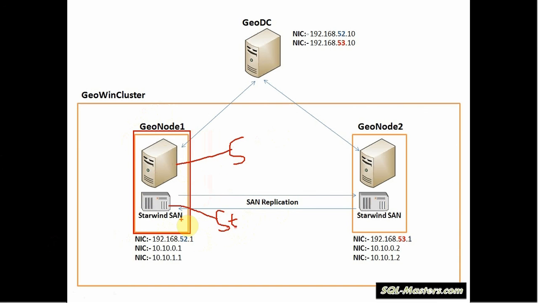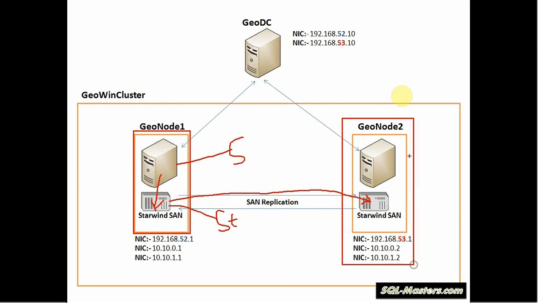So now the data that is being written to this storage will be replicated to this storage on GeoNode 2 that is located at Mumbai. We have the terminology called SAN replication to achieve this. As I told you, I'll be using StarWin software in order to achieve this.